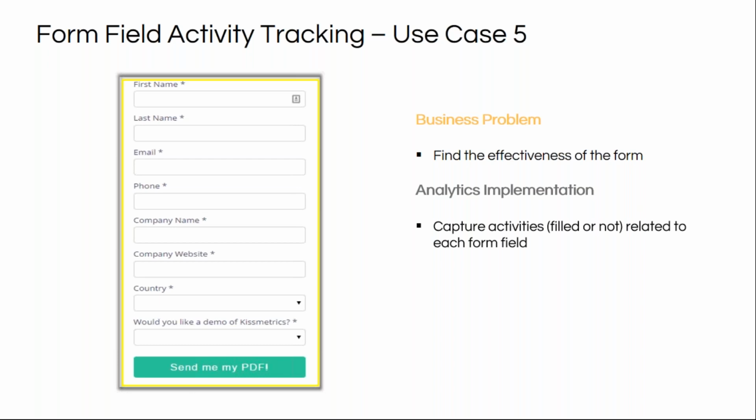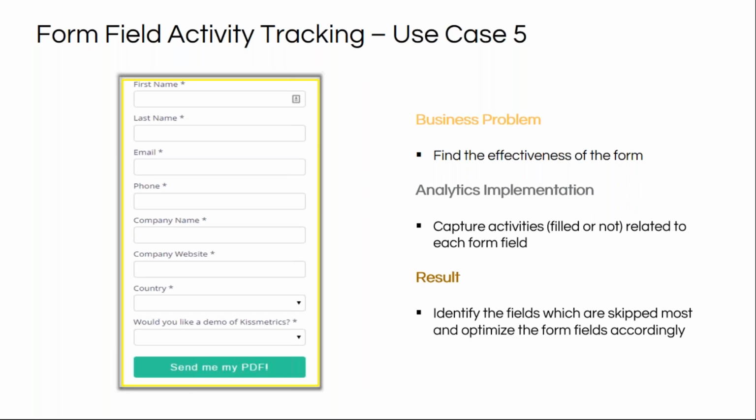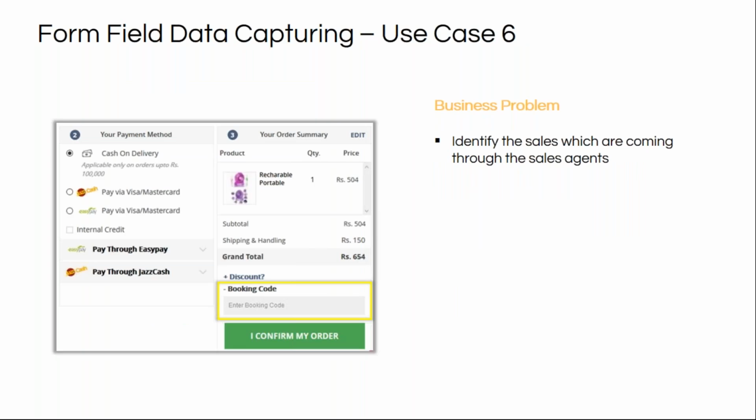Activity means whether people are filling them or not. Is there any particular field that gets skipped a lot? If you can gather such data, then you can optimize the form fields. You can find alternatives, ways to improve the ultimate effectiveness of the form.